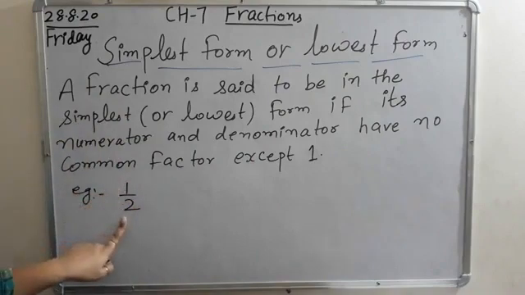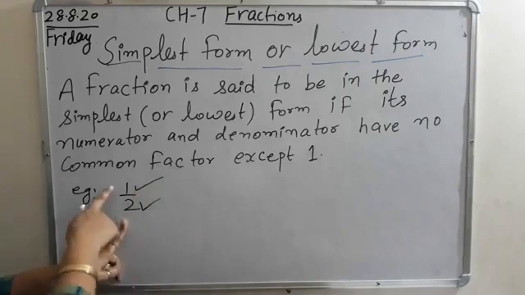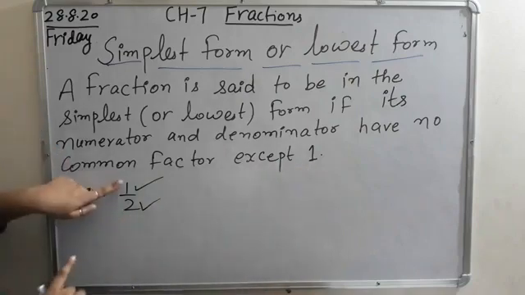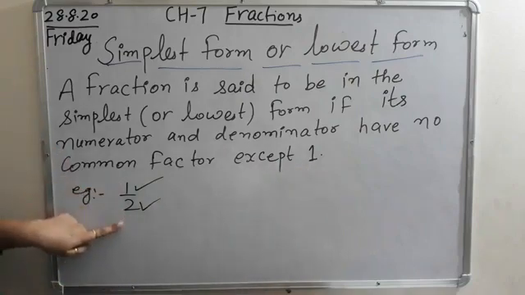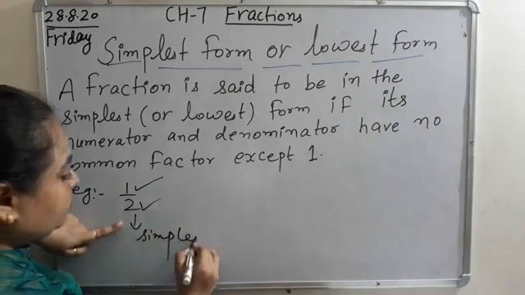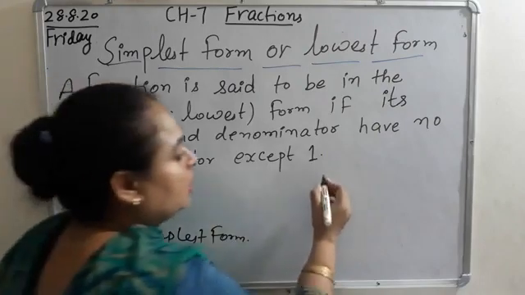In 1 by 2 you will observe that numerator is 1 and denominator is 2, they have no common factor. The common factor is 1 only here. So 1 by 2 is in its simplest form.